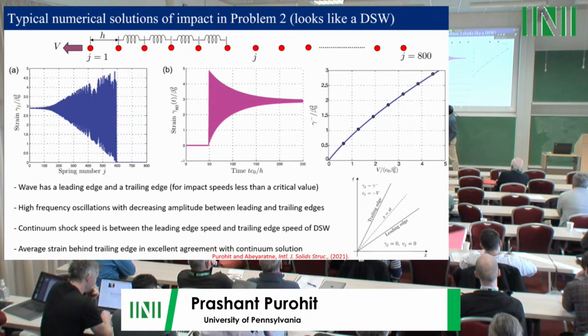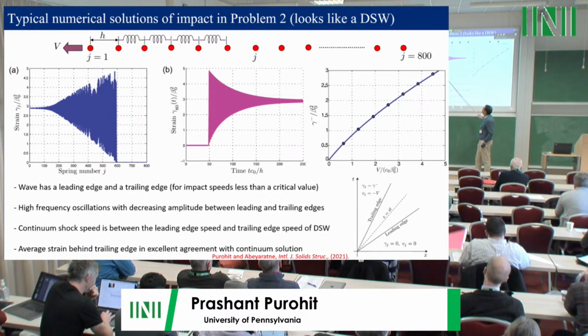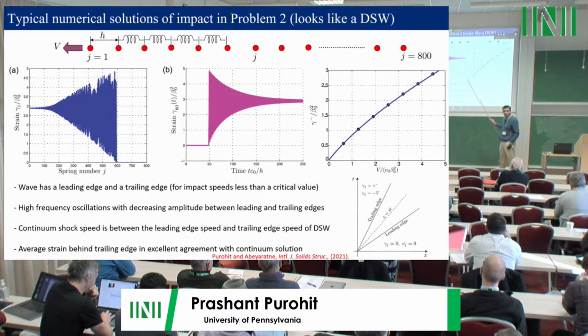And there is a large number of very high frequency oscillations behind the front. Looks like a dispersive shock wave. And then far behind it, the strain is constant, oscillating very little about a certain position. Same thing, snapshot at a particular atom. I'm plotting the strain history as a function of time, just like I was showing you in one of the earlier slides with the phase transition.